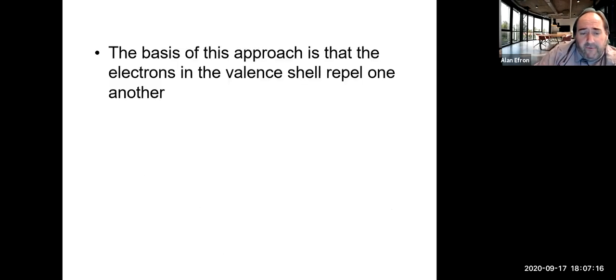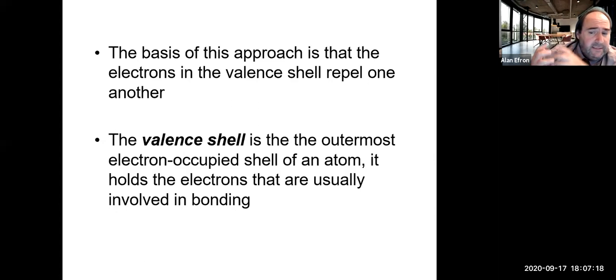And as I mentioned before, the basis of all this is the fact that we are going to get these negatively charged electrons near other negatively charged electrons, and ultimately they are going to try to escape each other. But they can't completely escape each other, otherwise everybody would fall apart. But they do try to spread out as far apart as they can.